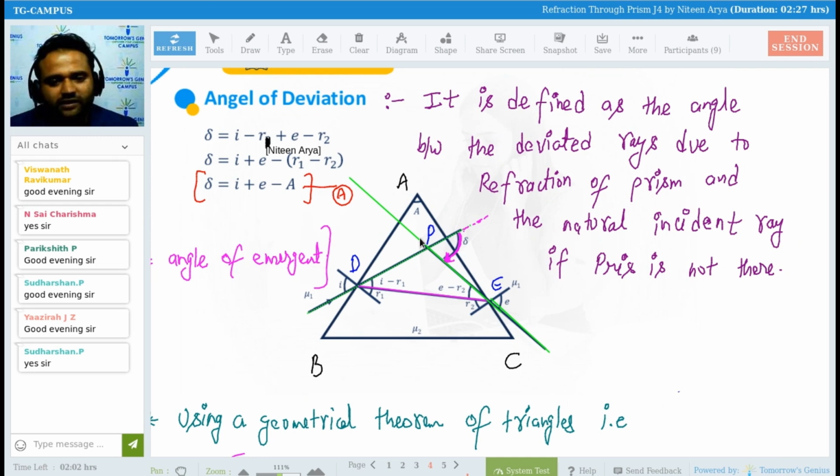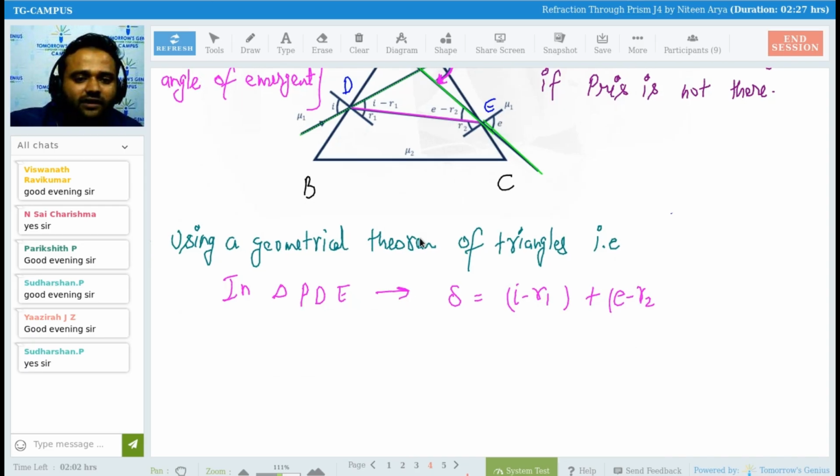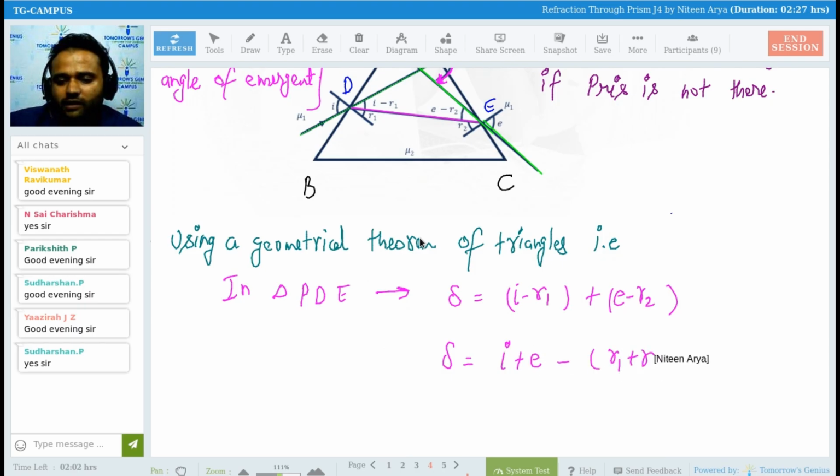So after this theorem, we take the minus sign common and separate it. I can write this in this way also: angle of deviation is I plus E minus of R1 plus R2. And we know that R1 plus R2 is angle A from the previous page, the angle of prism, equal to R1 plus R2.